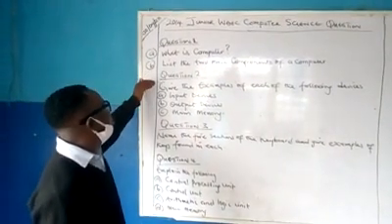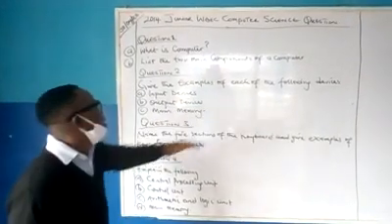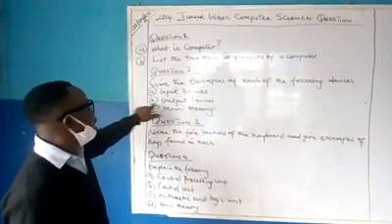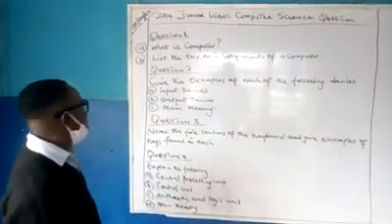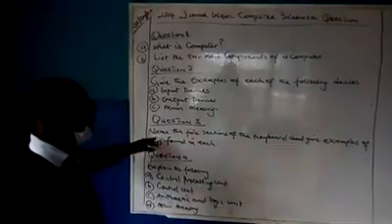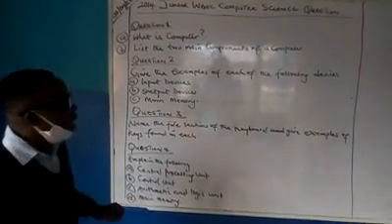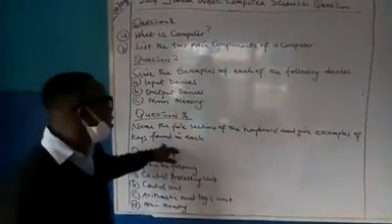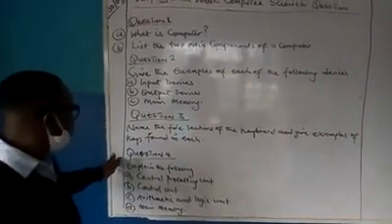Question 2, give examples of each of the following devices: A, input devices; B, output devices; C, main memory. Question 3 says, name the 5 sections of the keyboard and give examples of keys found in each.